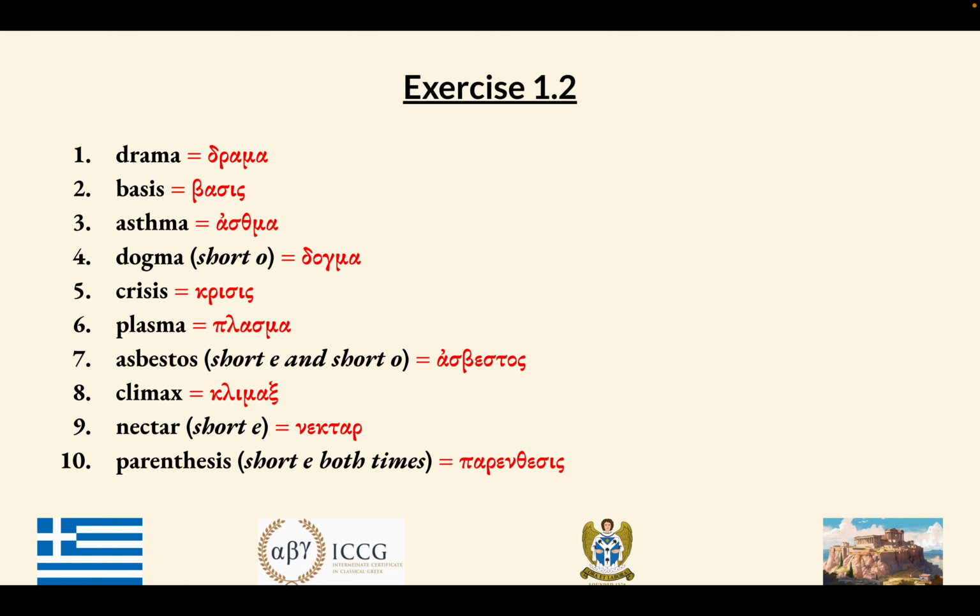Notice, by the way, again, sometimes in English we use two letters for something that in Greek would be expressed using one. So, for instance, the letters TH in English are expressed by one letter in Greek, which is the letter theta.